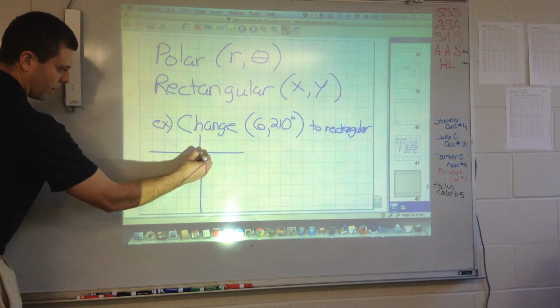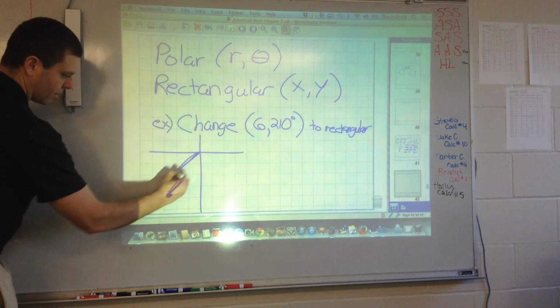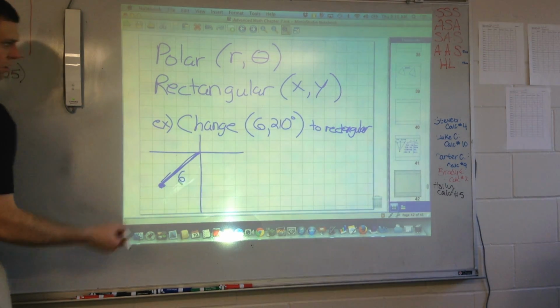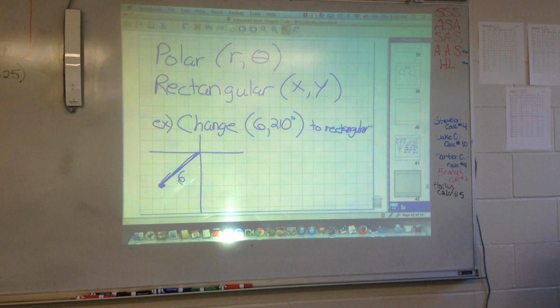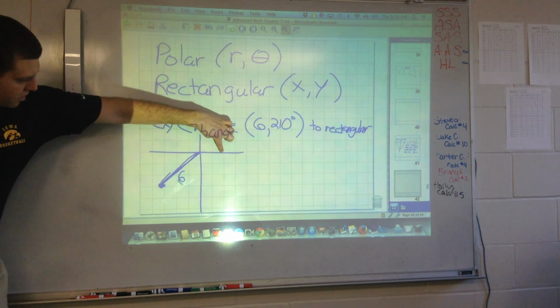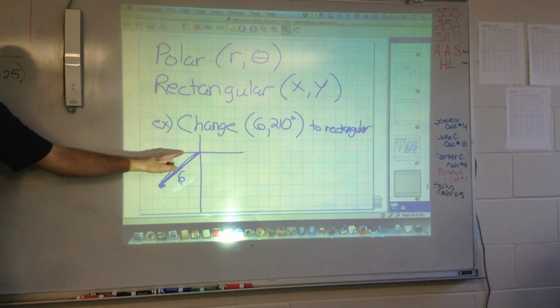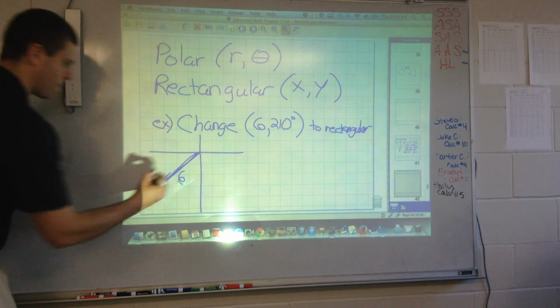What do I know about the length of this right here? It'd be 6. What does the 210 tell me? 210 degrees from here all the way to here, so that would leave 30 left right there, correct?